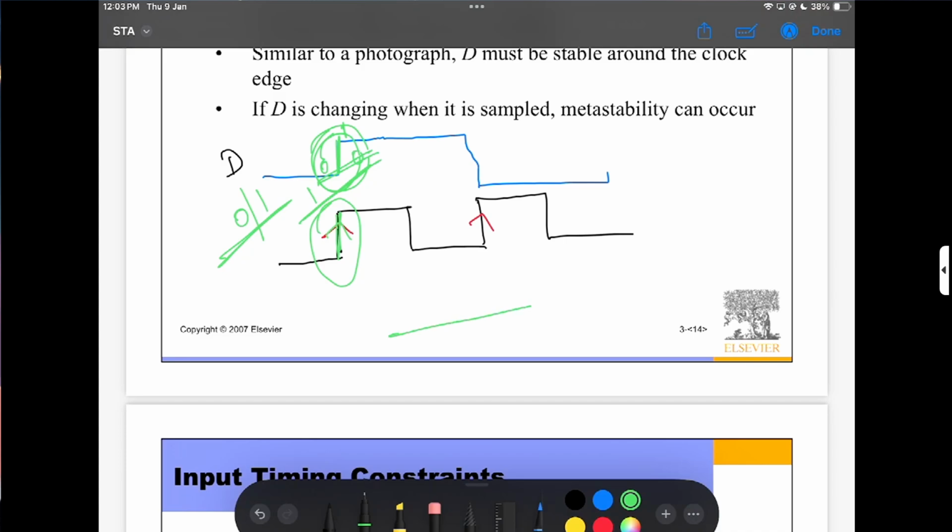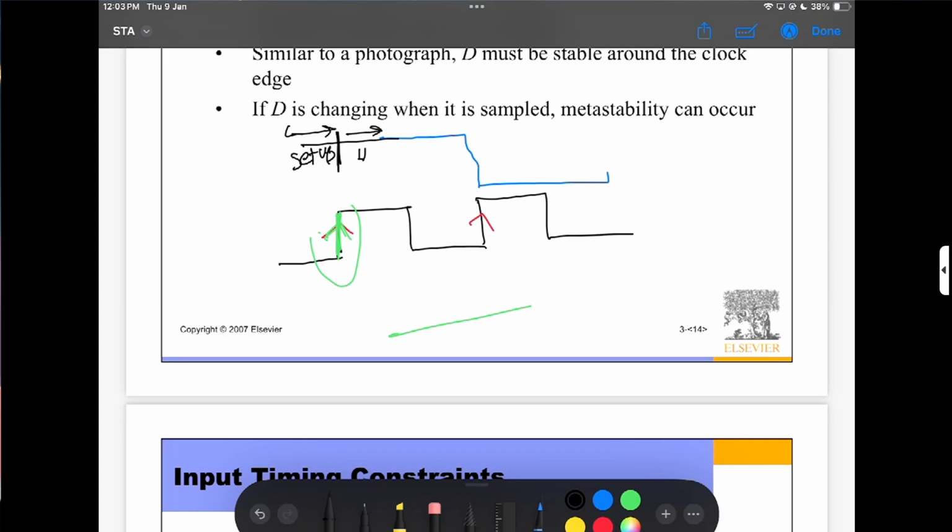Suppose your clock comes here, so at least some time before it, a t setup time is required, and some hold time is also required.